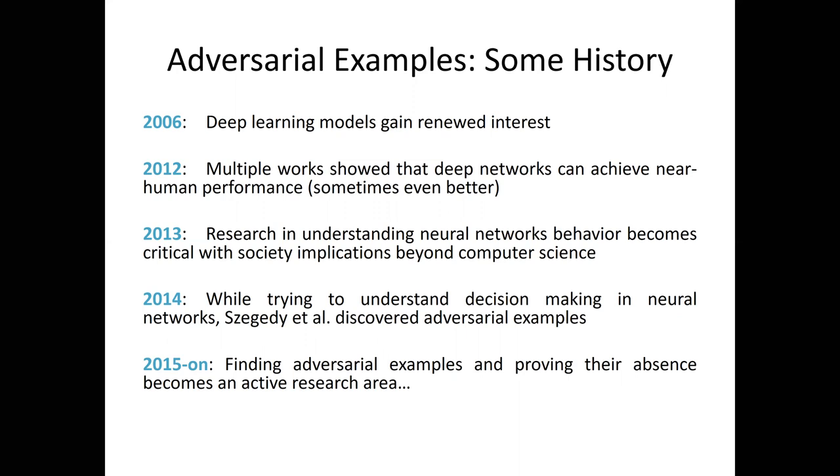People started investigating it more, and somewhere around 2012, various work showed that these deep models can achieve very good performance, sometimes even better than humans, largely thanks to very good labeled datasets, such as ImageNet, for instance, and the increase in hardware processing power in the form of good GPUs.